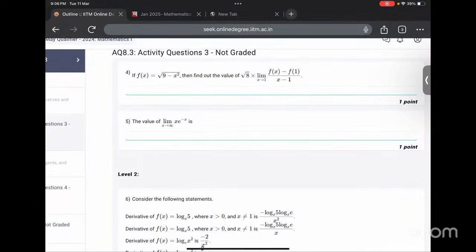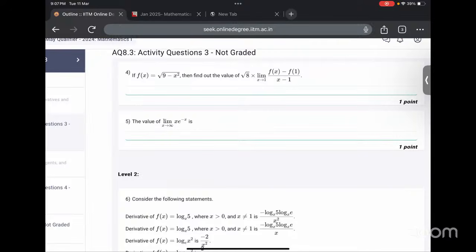Normally, the way you do is you take 9 minus x square to the power of 1 by 2. You bring that half to the left, and then that will become 1 by 2 into 9 minus x square to the power minus 1 by 2. That's the first step. You're telling about the derivative, no? Yes, derivative only.